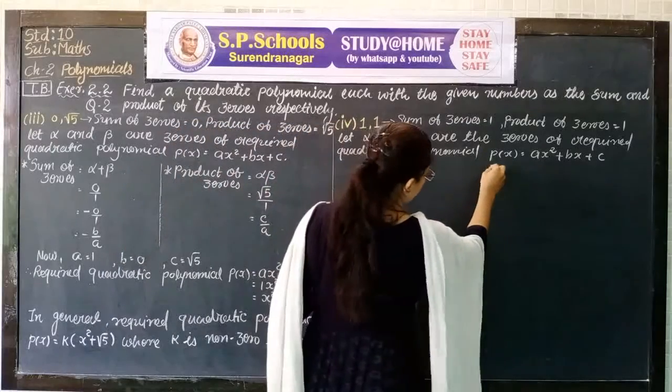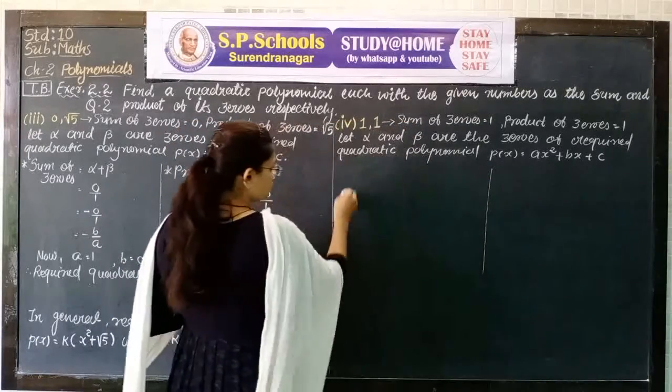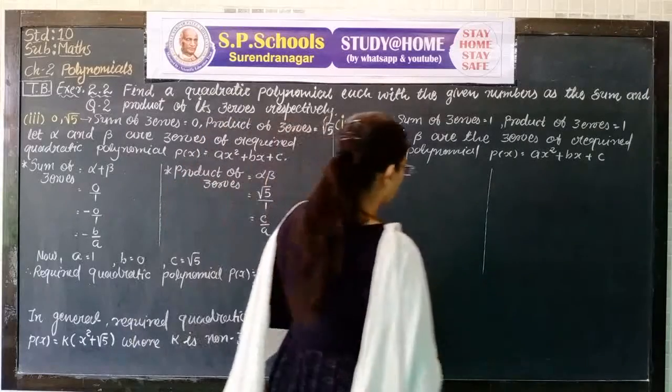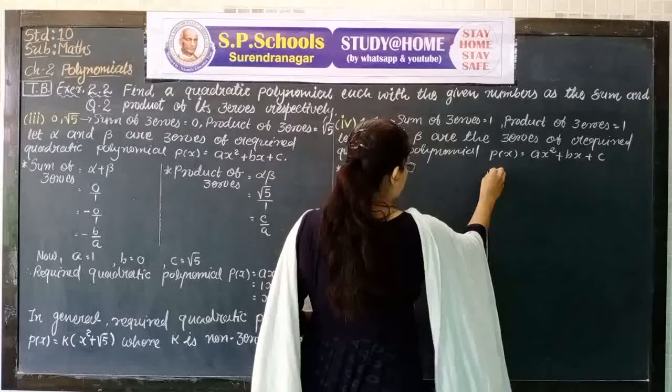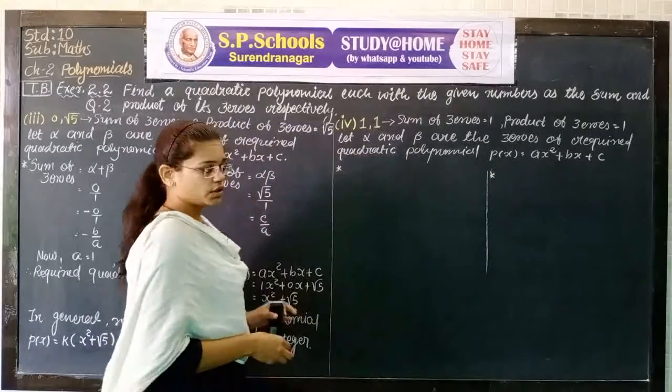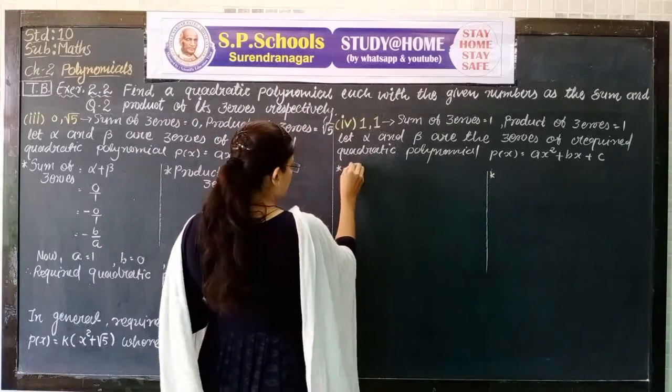Again divide the page into two parts. On the left hand side we take the sum of zeros, and on the right hand side the product of zeros. The method is the same in all.